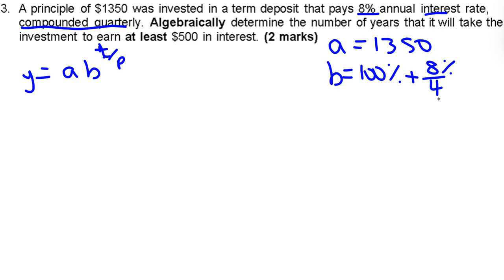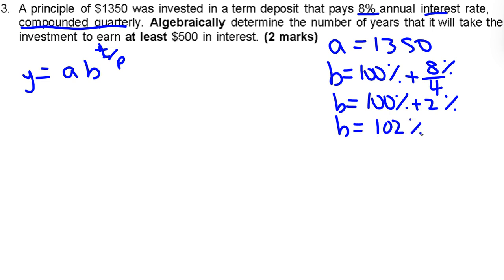So I need to divide that by 4. So that means my base is 100% plus 2%, which is 102%, but we like to write that as a decimal, 1.02.